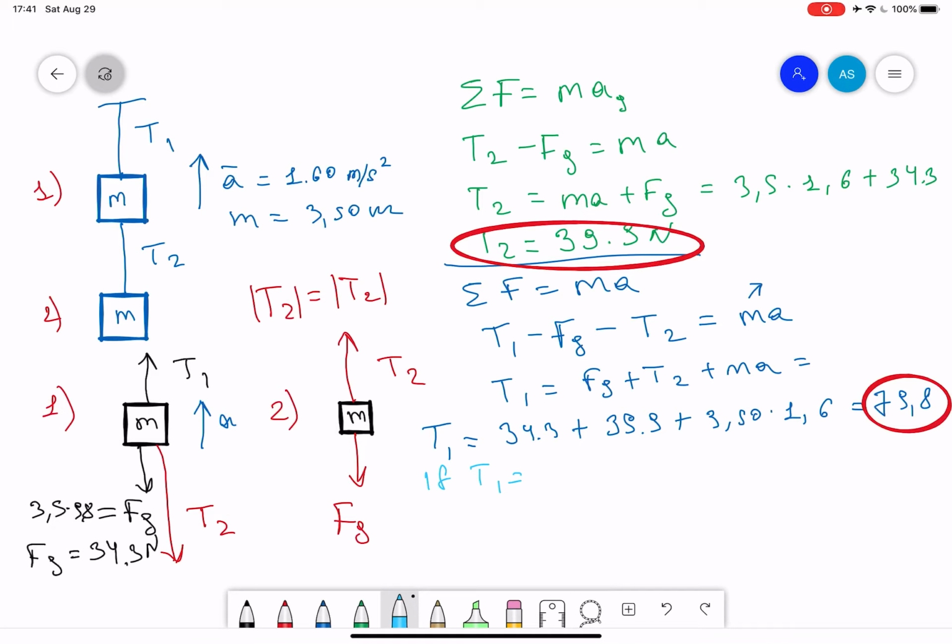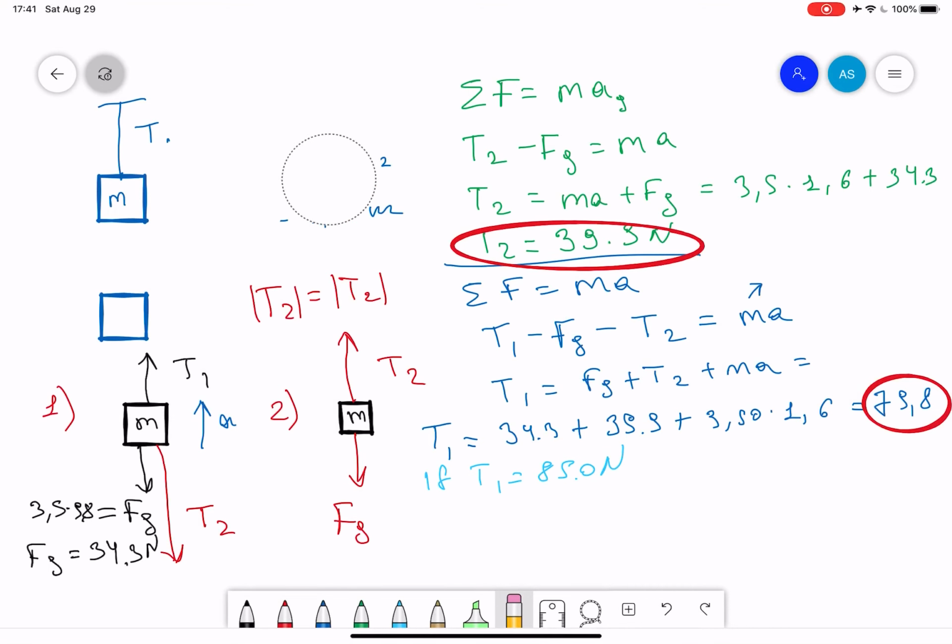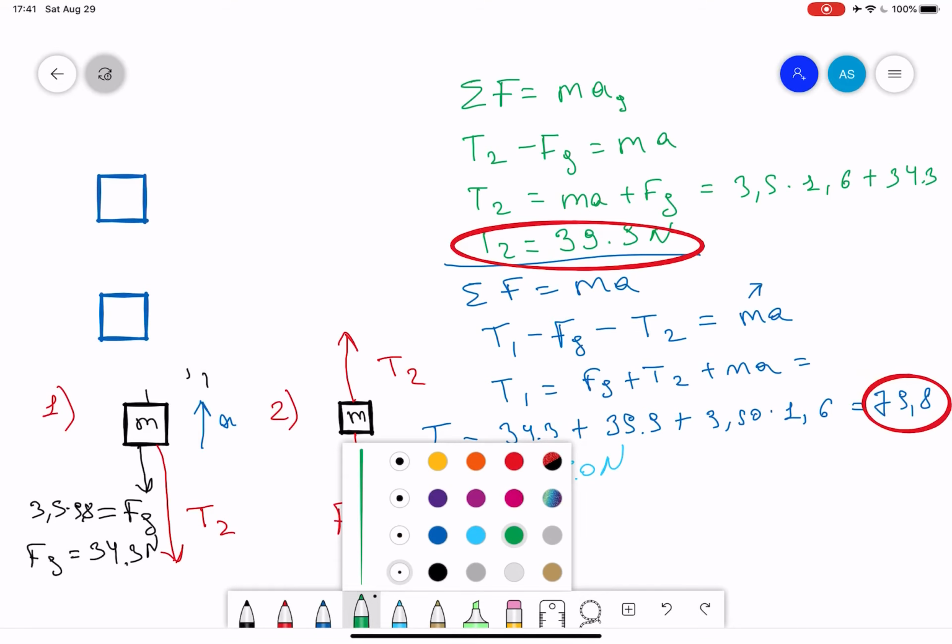Now in part B, it says that if tension 1 is equal to 85 newtons, what is the maximum acceleration the elevator can have before the string breaks? So we have to find the maximum acceleration before the string breaks. In this case, instead of considering the two boxes as separate, we can consider them as one box.